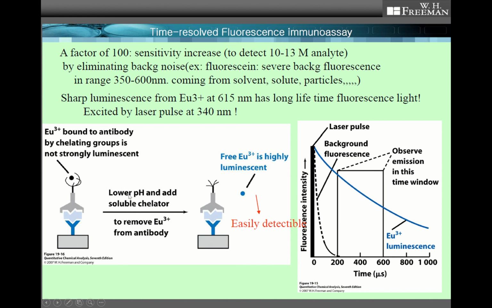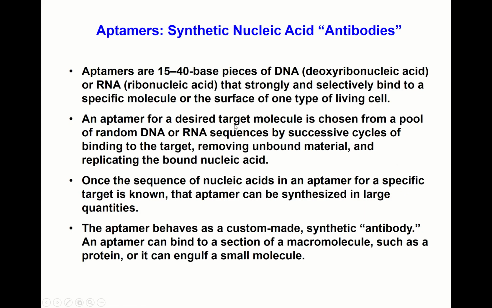But when you lower the pH and add a soluble chelator, this europium ion is released from the chelating group. Now this europium ion is free, and it is highly luminescent. So by measuring this luminescent intensity, you can determine the europium ion concentration. That's the principle of time resolved fluorescence immunoassay.